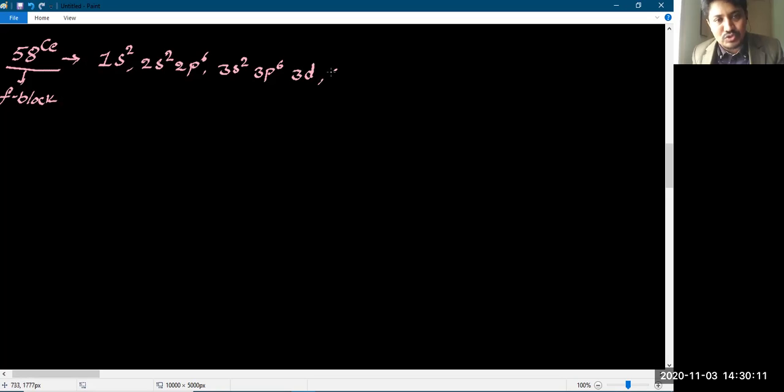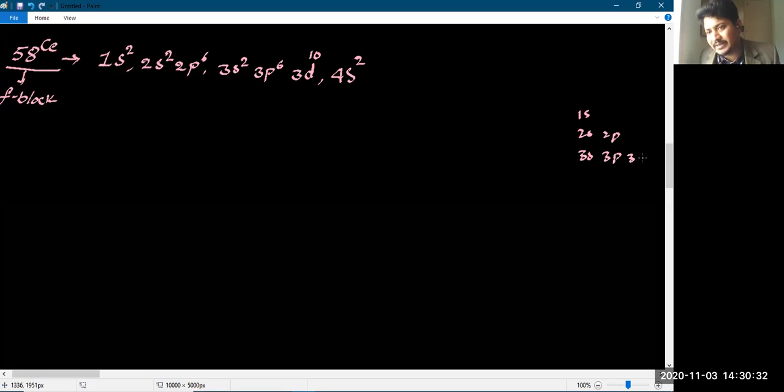We should not fill any electrons in 3d unless 4s2 is filled. After filling 4s2, the remaining electrons go to 3d. So the order is 1s, 2s, 2p, 3s, 3p, 3d, 4s, 4p, 4d, 4f, 5s, 5p, 5d.